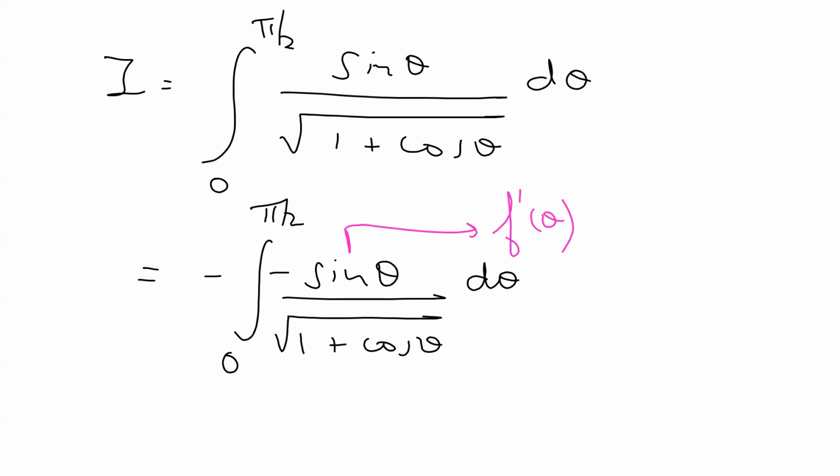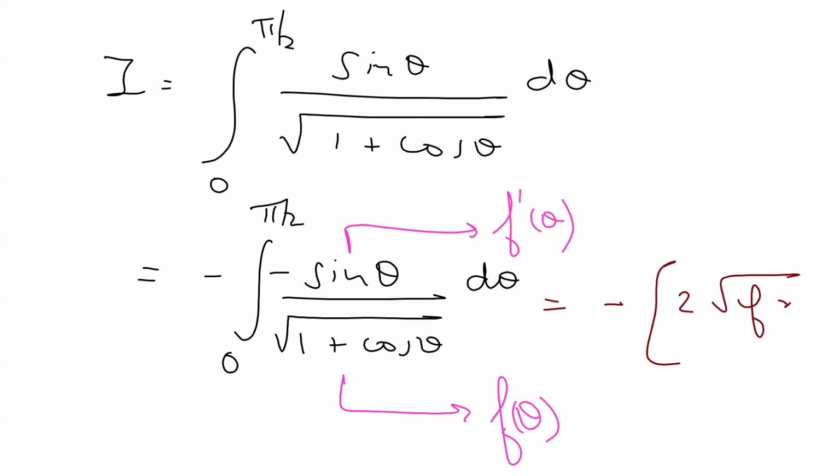That's why I multiplied and divided with minus. So this is minus 2 root f of theta. f of theta is this 1 plus cos theta. So I avoided the method of substitution. After this you may solve.